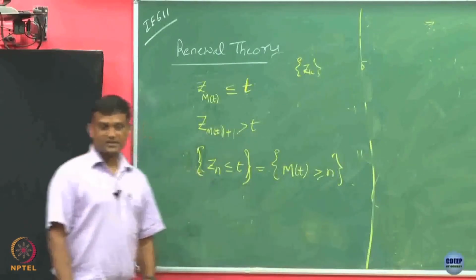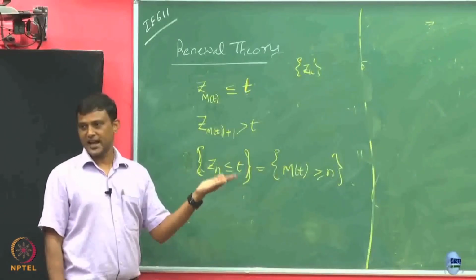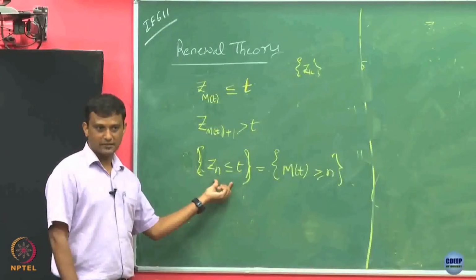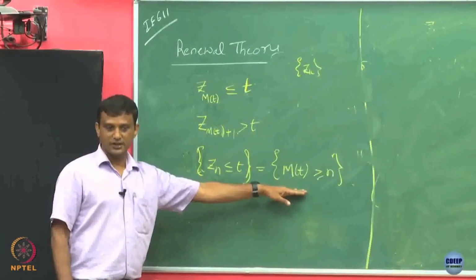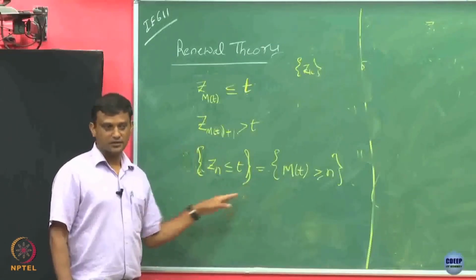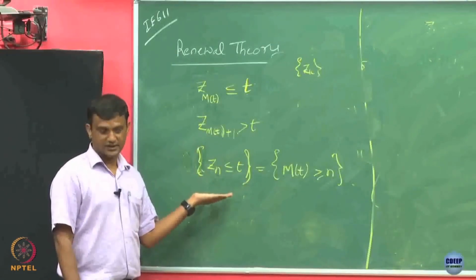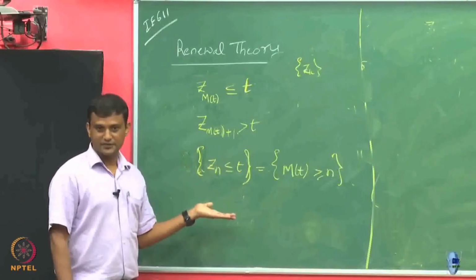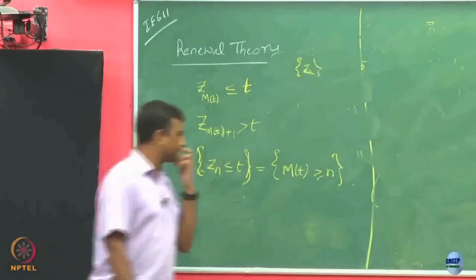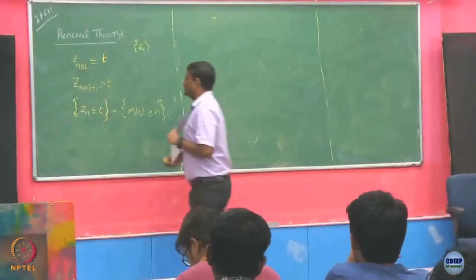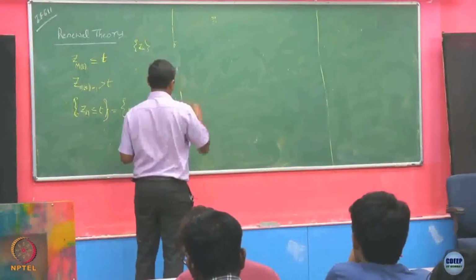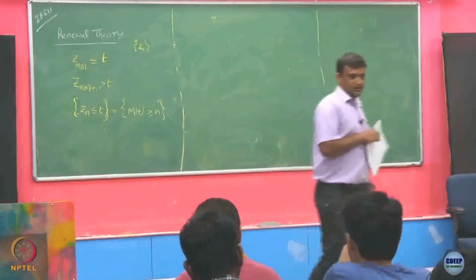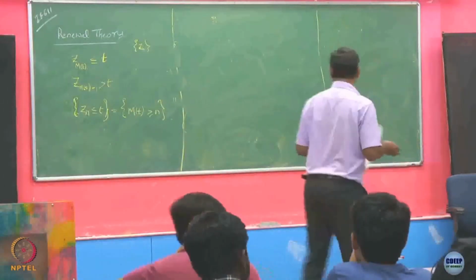Okay, then it must be the case that the nth renewal must have happened before time t, right? Because of that, this is also included in this. So now it is clear that these are the same sets. If not clear, just again go and convince yourself. Okay. So these are some properties which we will exploit in coming up with some interesting results.